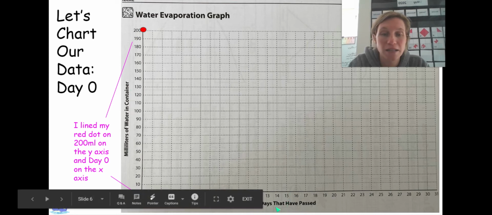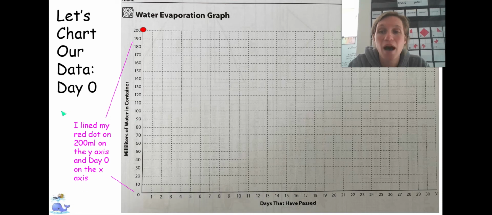And on the x-axis, it says number of days that have passed. I lined my red dot right on the line at day 0, and I matched it with 200 milliliters because that's what we started with. So could all of you please make your first plot in the same place? If not, just follow along.